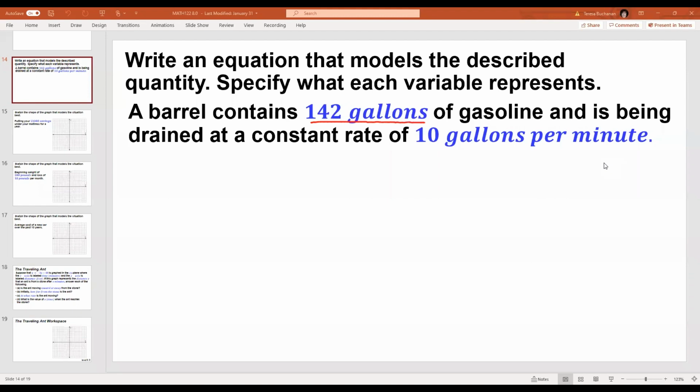It has 142 gallons of gasoline in it, but it's being drained at a constant rate of 10 gallons per minute. So, common sense says, well, you're subtracting the number of gallons per minute. It's going to bring this down, right? The thing is being drained out.